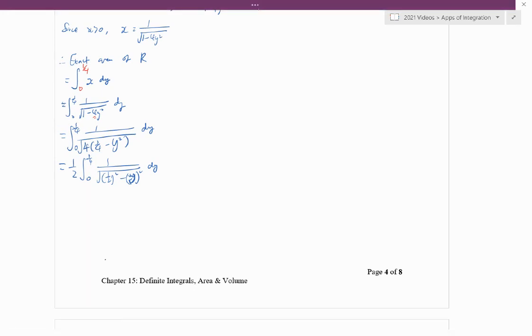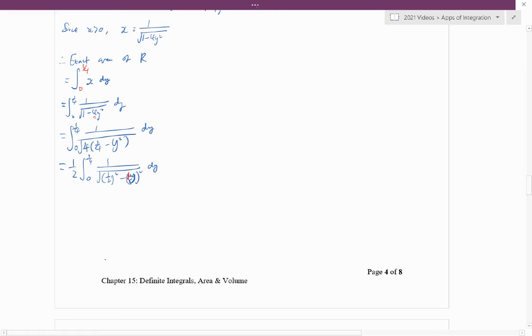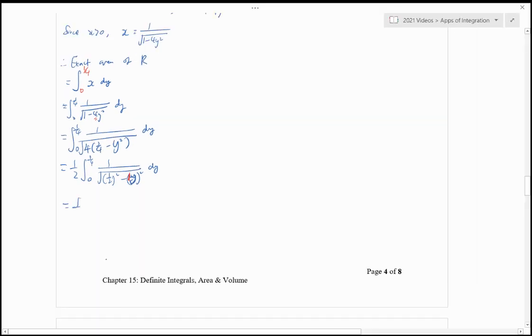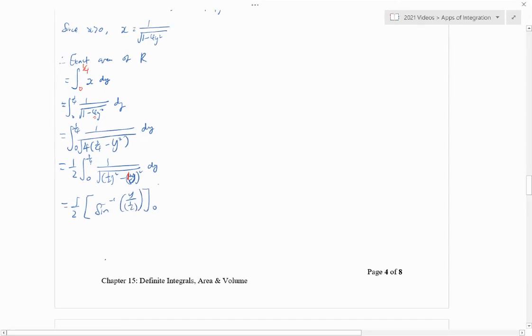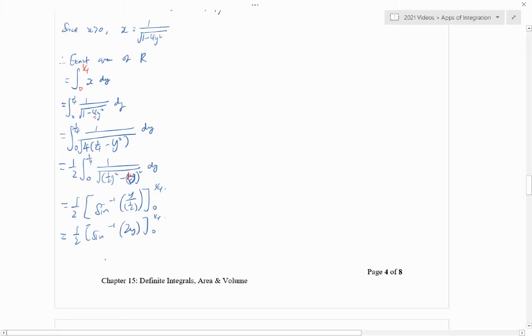Notice now I have changed the coefficient of y to be 1. I can apply the formula earlier. So this is half sine inverse of y over half, from 0 to 1/4, which equals half sine inverse 2y from 0 to 1/4.